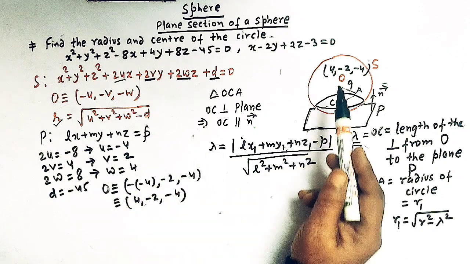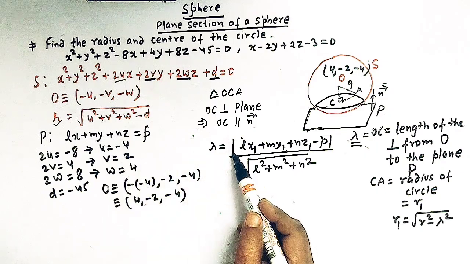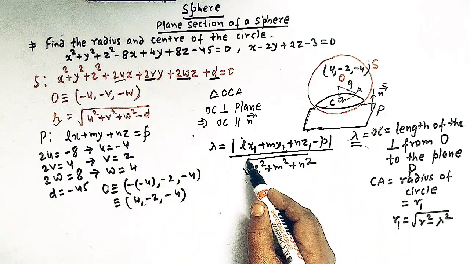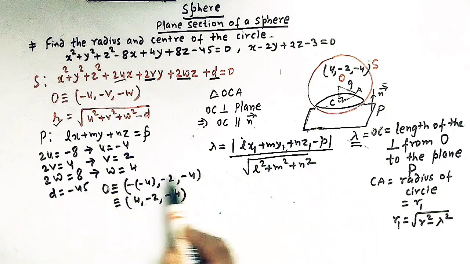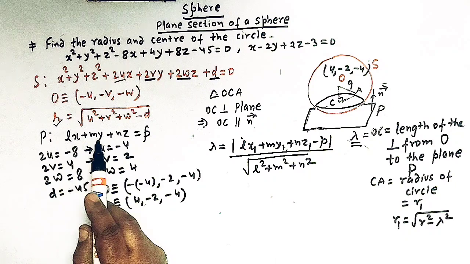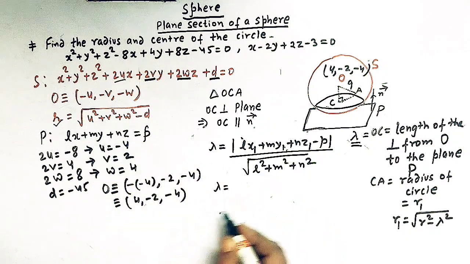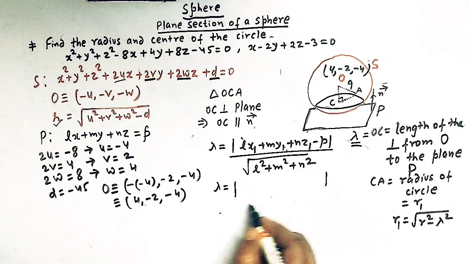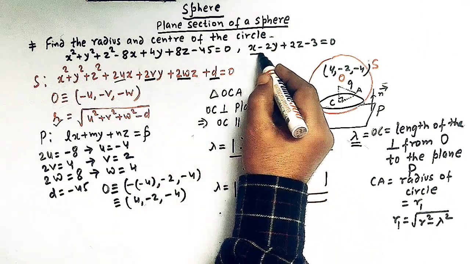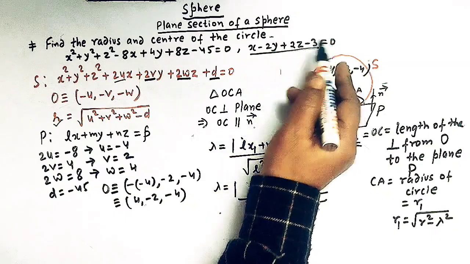So we substitute this point in the equation of the plane, and then we take the absolute value, and then we divide by the square root of the sum of the squares of the coefficients of x, y, and z, right? Here the equation of the plane is given as x minus 2y plus 2z minus 3 is equal to 0.